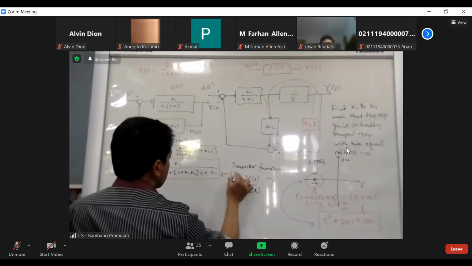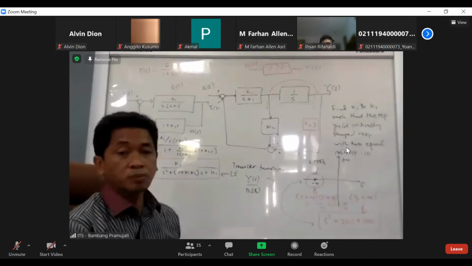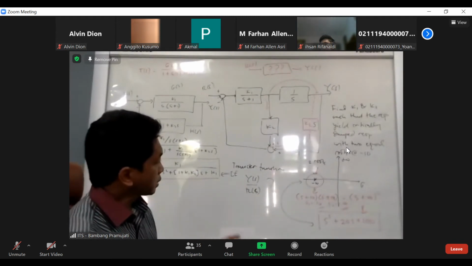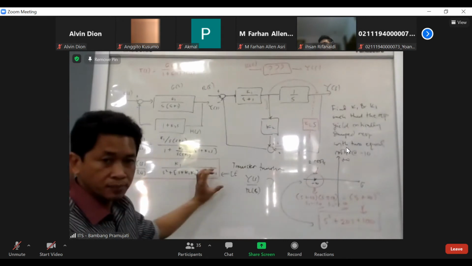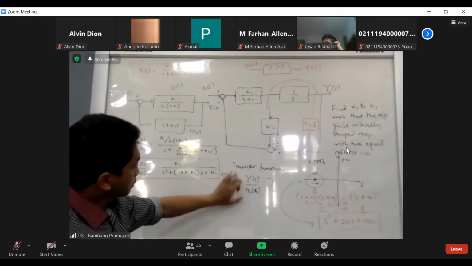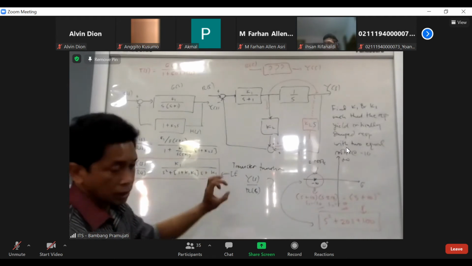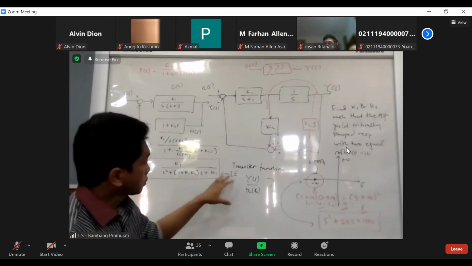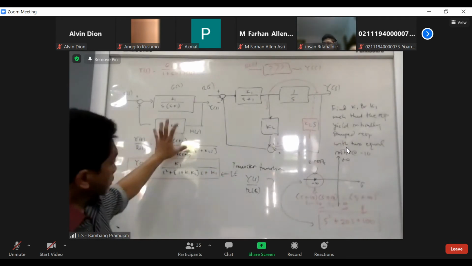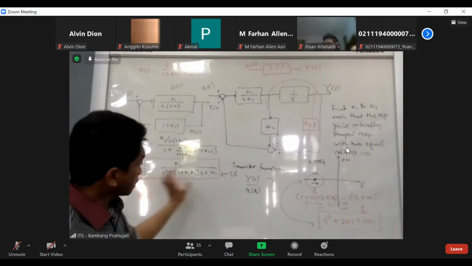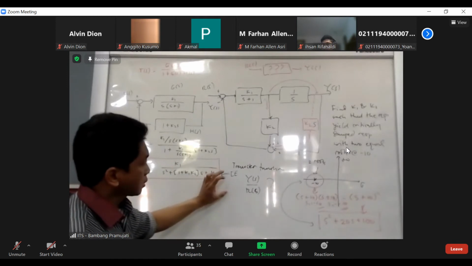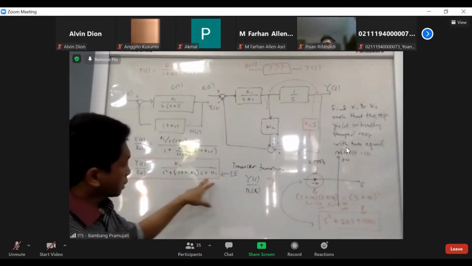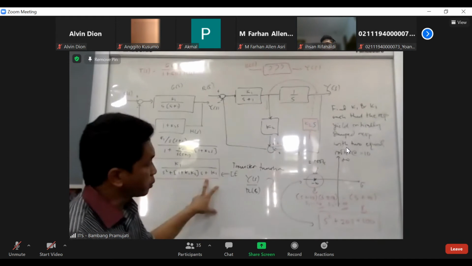As I mentioned many times since the beginning, what matters is the denominator. When we have a transfer function, the denominator is often called the characteristic equation. That's what matters. The one above is relevant, but the most important is the characteristic equation. Therefore, this is the one that defines the location of your poles.